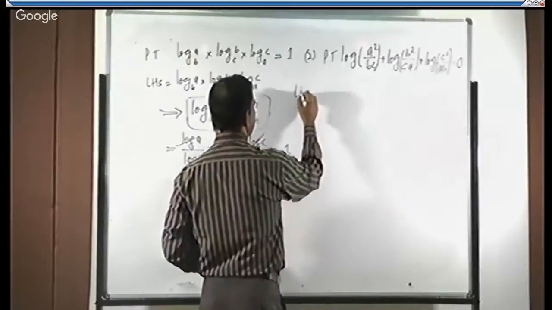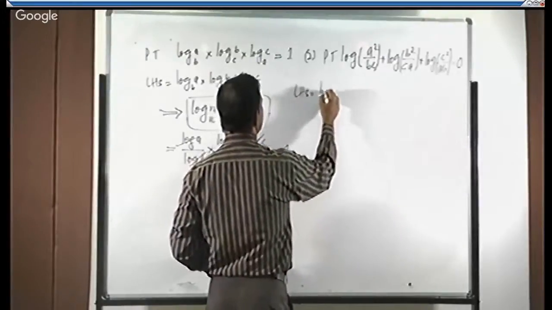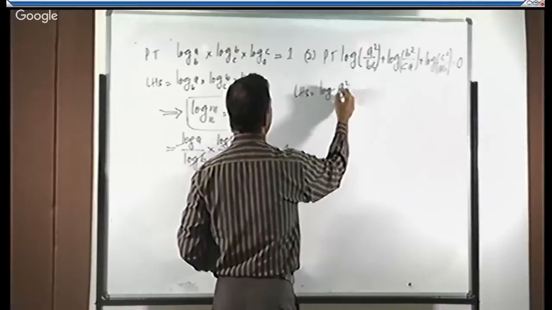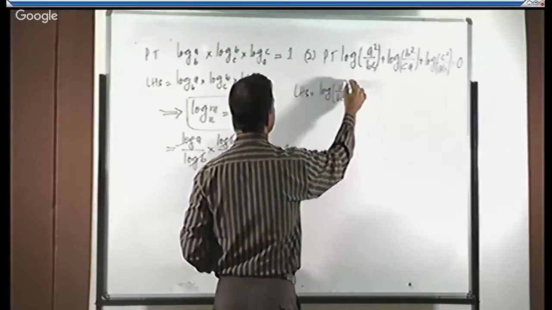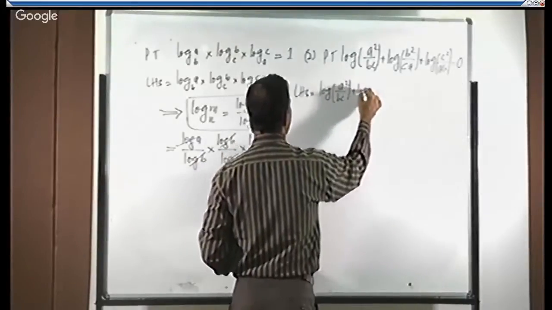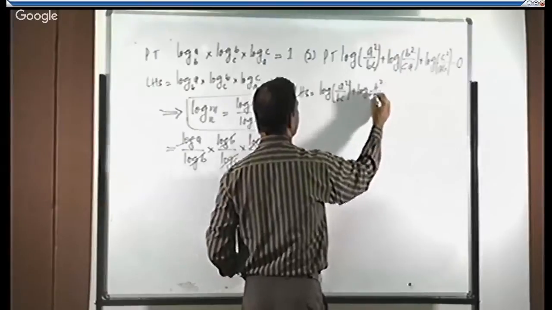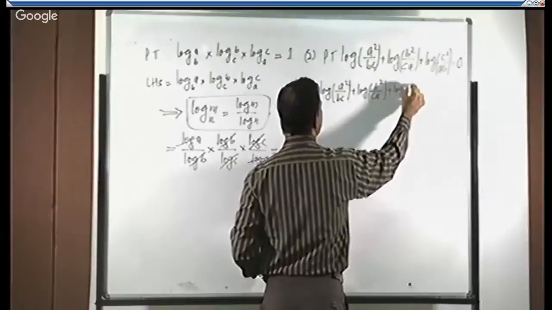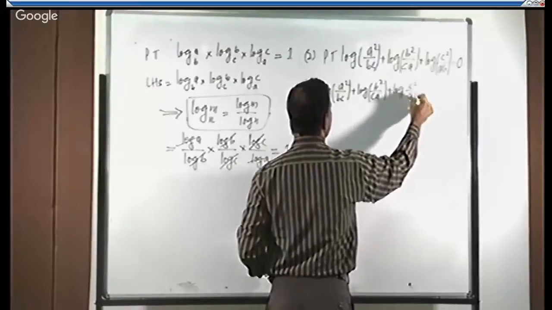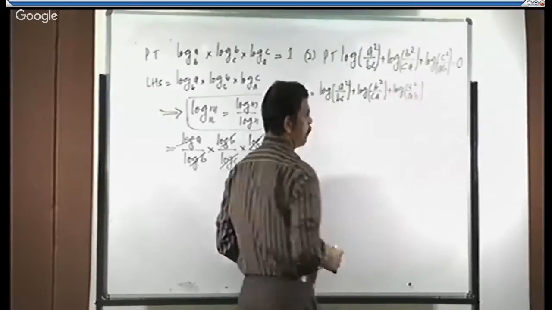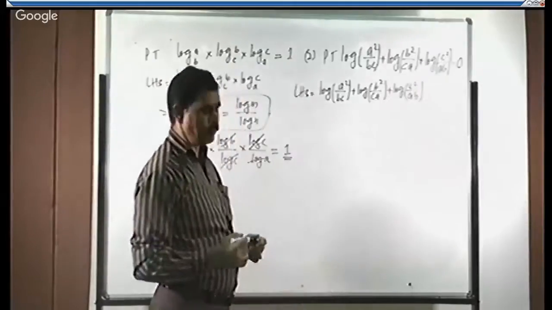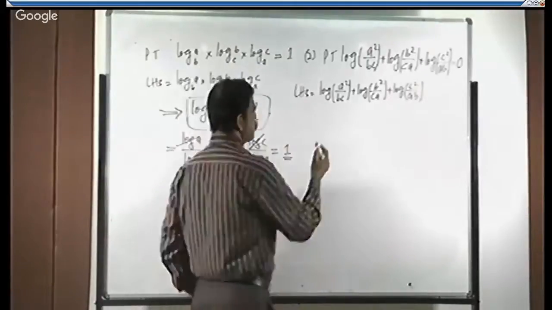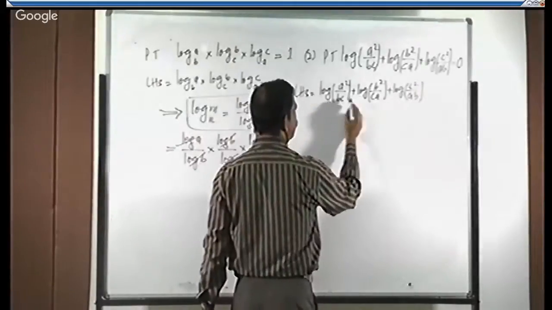Take the left hand side. Log of a square by bc plus log of b square divided by ca plus log of c square divided by ab. This is the left hand side of the problem. So there are 3 terms.